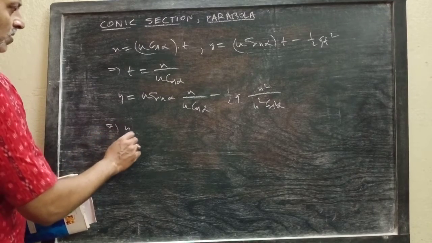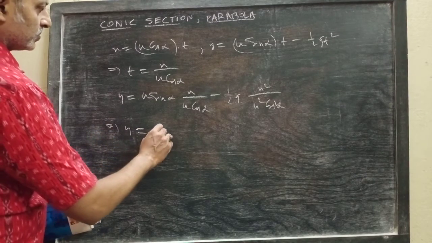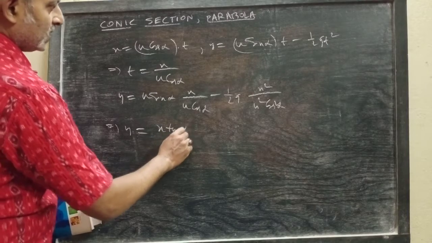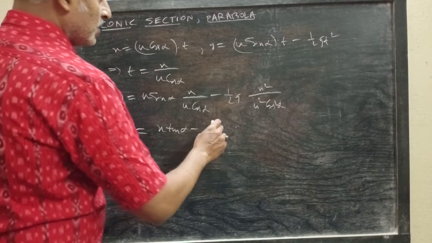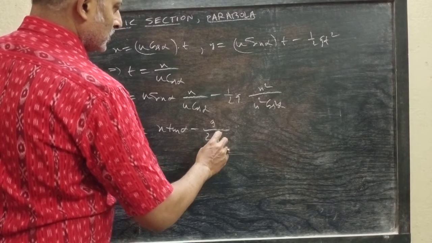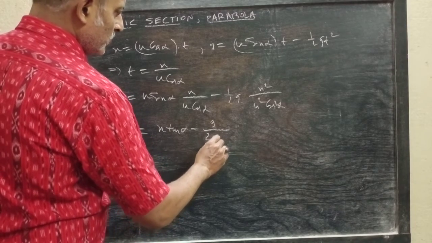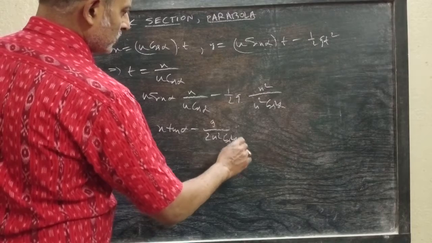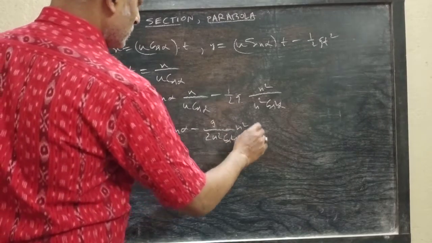Now this will be y equals x tan alpha minus g by 2 u square cos square alpha into x square.